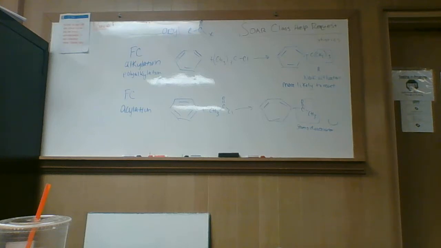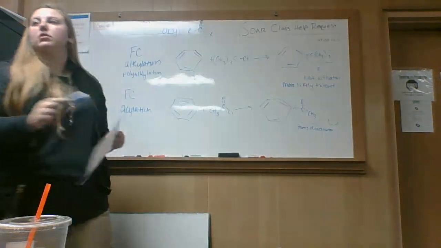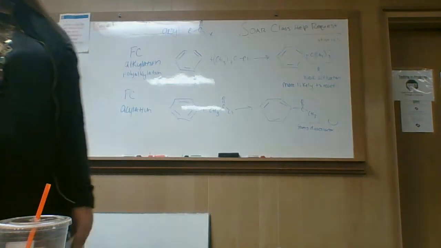There are other options, which is why I said be careful. But because he's talking about this acylation, that in itself has a carbonyl group. So he's talking about this specific reaction. Oh, okay, so not all. There are other types of deactivators. Gotcha. But it's specifically for the Friedel-Crafts acylation. Yes, it will always have a carbonyl group, and that will always be what's deactivating. That's a tricky one.